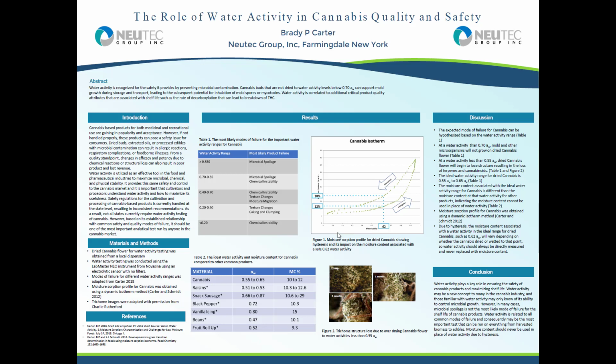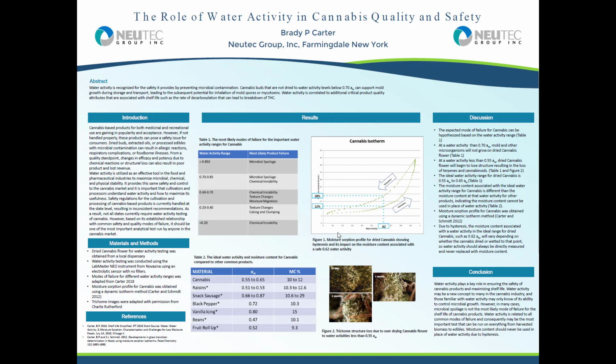And the reason why this is considered to be ideal is because in that range, you stop mold growth, but you minimize the amount of trichome destruction, and you minimize then the evaporation or loss of terpenes and cannabinoids. And there really is no advantage in over drying. There's actually disadvantages to doing that. And it's important to understand that that's not driven by moisture content, it's driven by water activity.